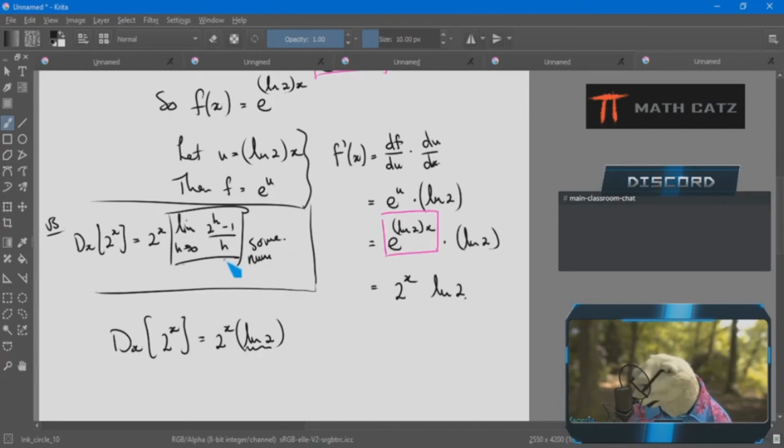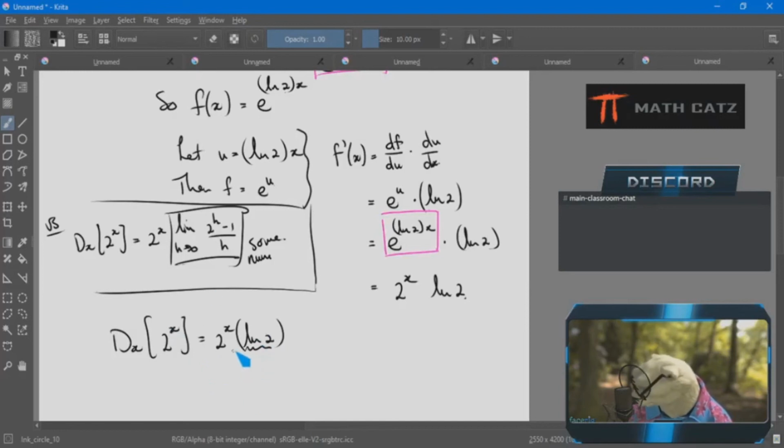There's a reason we didn't know it at that stage. We didn't know logs at that stage. Now I know exactly. So the derivative of an exponential function is the exponential function. But if that base is not e, it's scaled by a factor of the natural log of the base.